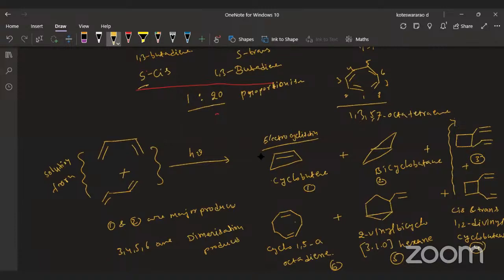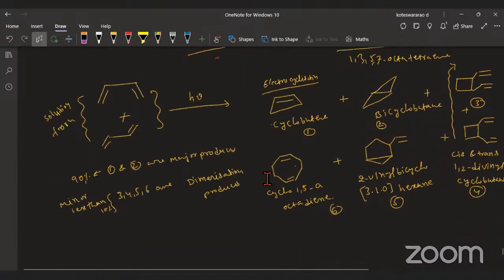These dimerization products are the minor products. The yields of all 4 are less than 10% in total. These two are the 90% products, both combined together, and the last 4 combined produce only 10% of the products. Right.